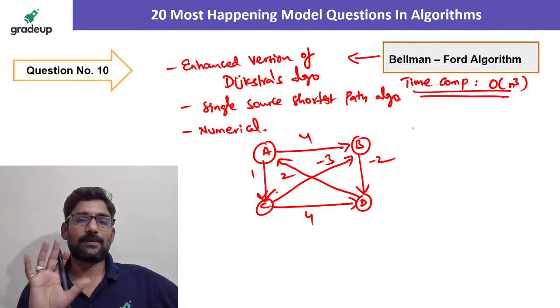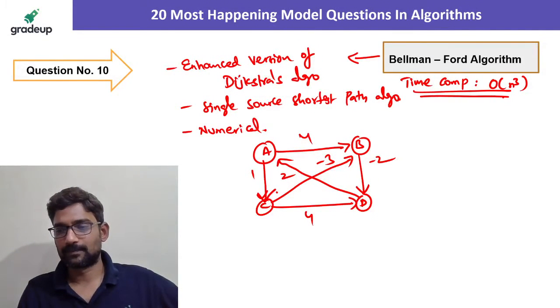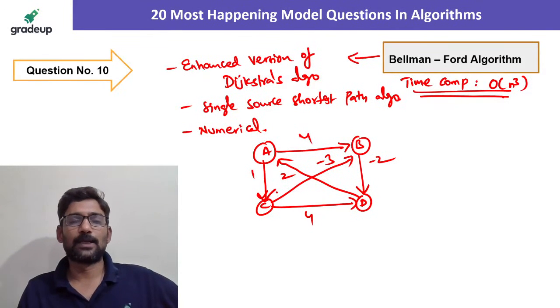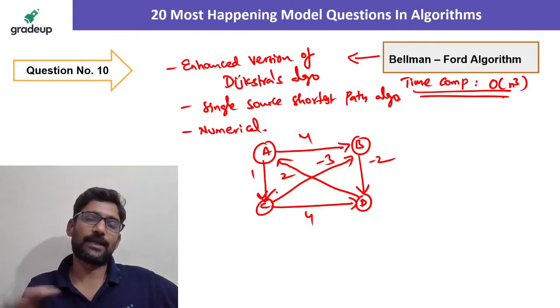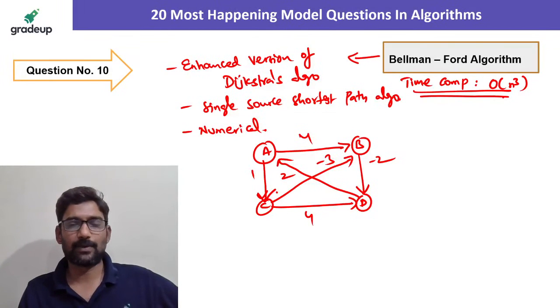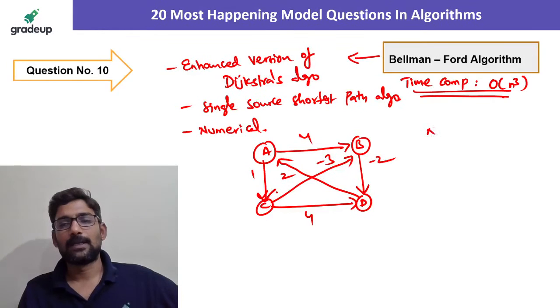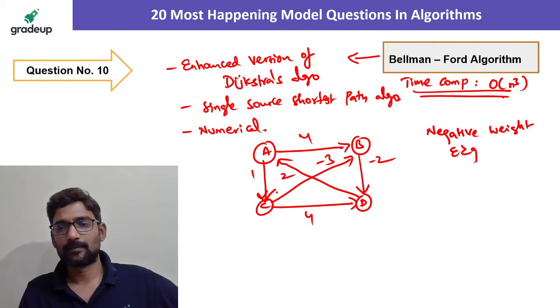So you may be getting some numerical question. But Bellman-Ford algorithm works with negative weighted edges. But if there is a negative weight edge cycle, Bellman-Ford algorithm may not work.